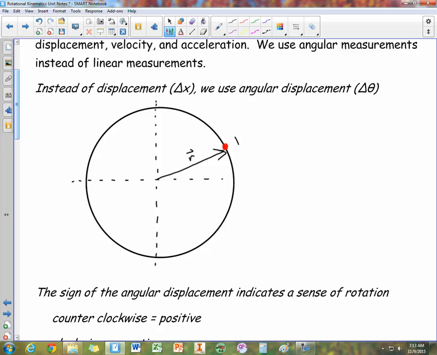Now let's have my point make a counterclockwise rotation up to this point. Notice that the length of r stays the same. However, its direction changes. So for right here, I would have an initial angular position, and then for right here, I would have a final angular position. My angular displacement then would simply be the final angular position minus the initial angular position.